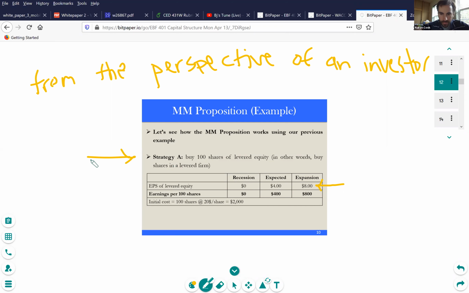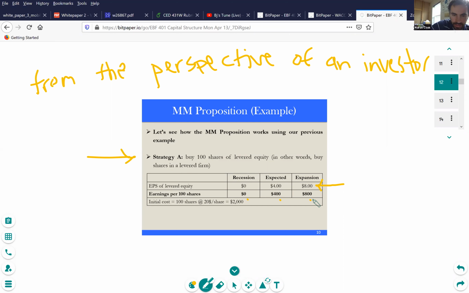And then earnings, as a result of those per share earnings, we remember that he has 100 shares, and then his overall payoffs, what he's entitled to as a result of owning those 100 shares, is either $0, $400, or $800 in any of these particular states of the world. So those are his earnings. His earnings are potentially 0, 400, or 800.